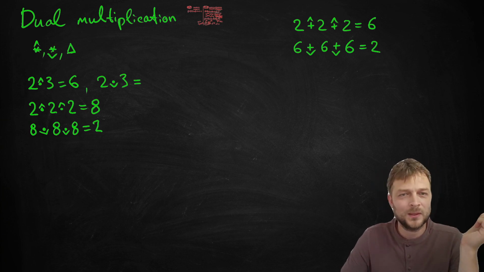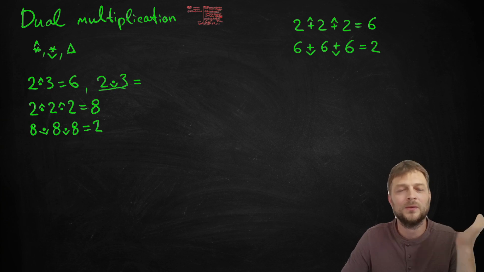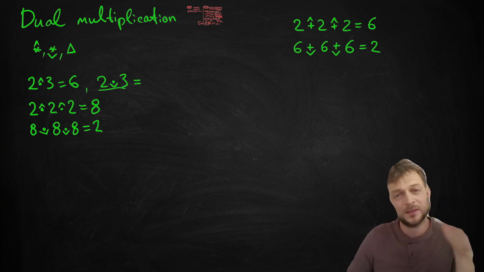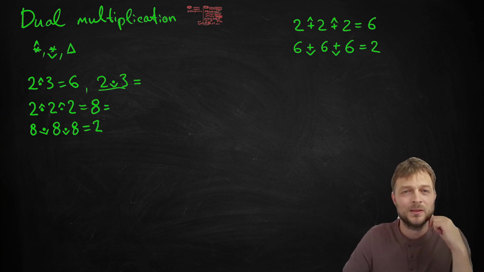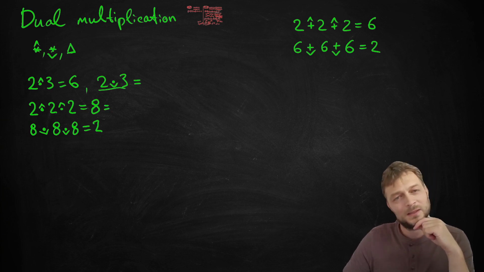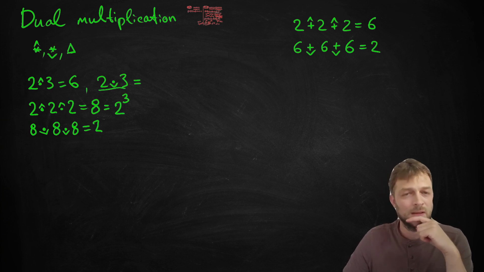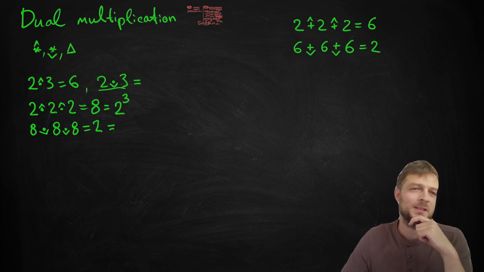From this we will infer what this value is here. So let's unpack a little bit. Here we can see that this is 2 to the power 3. And here we see that this is 8 to the power 1/3.